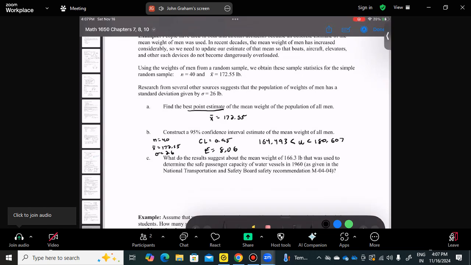This value falls in the interval and could still be the true average, but it's lower in the interval, and it's likely the true value has increased.